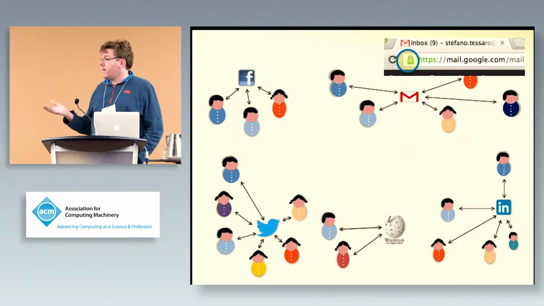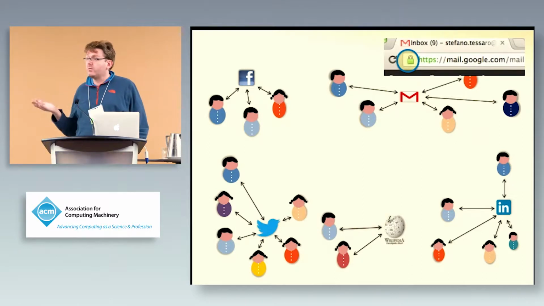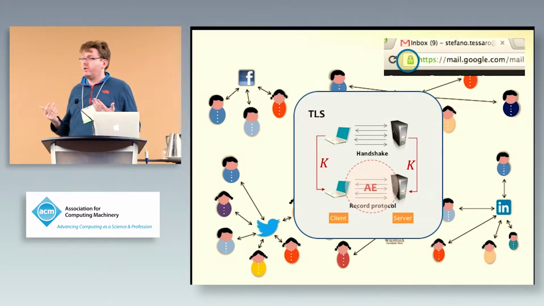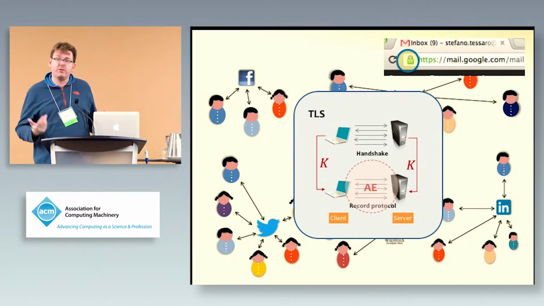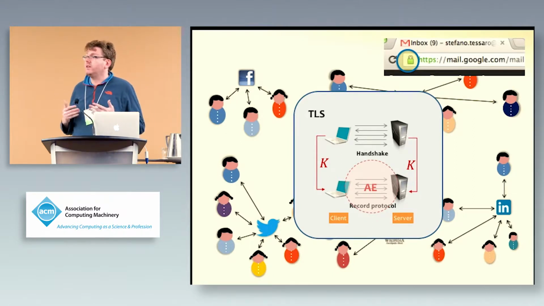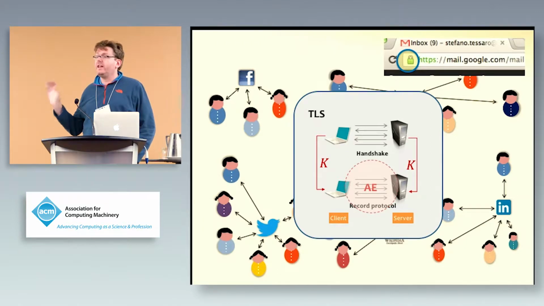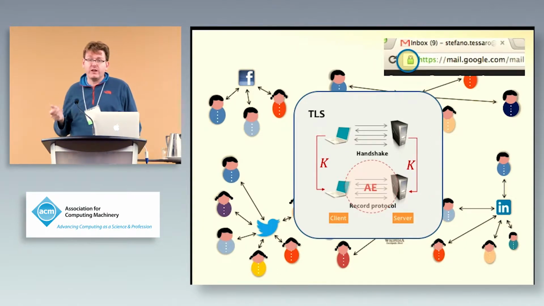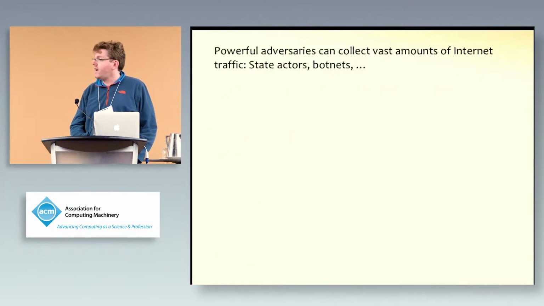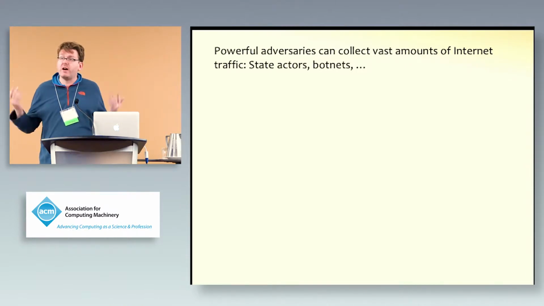Now, as we have already seen, authenticated encryption is a fundamental component of secure communication protocols, and in particular of TLS, where after the handshake we end up with a secret key shared between a client and a server, which is then used within the record layer, in particular for authenticated encryption. But one particular aspect when we want to validate the security of such protocols that are used on a large scale, like TLS, is that we have to be concerned about very powerful attackers that can assemble large amounts of internet traffic.